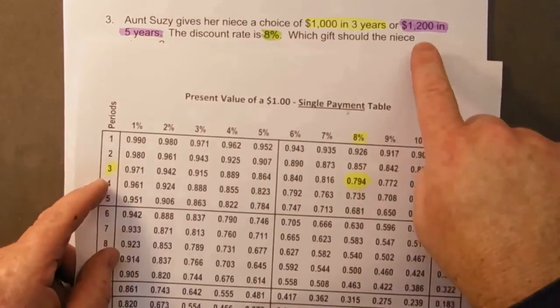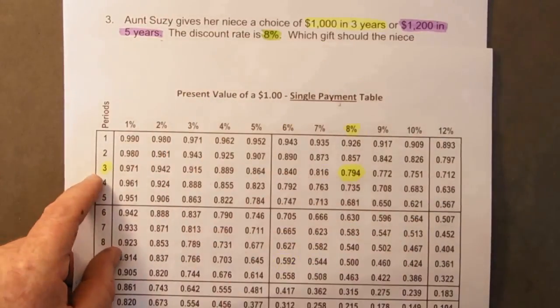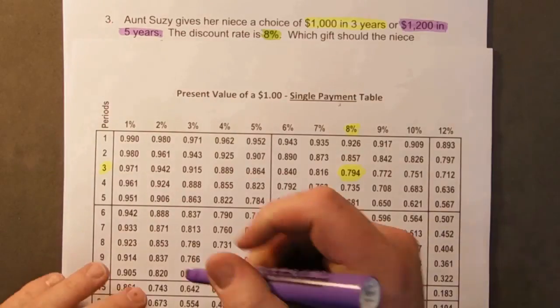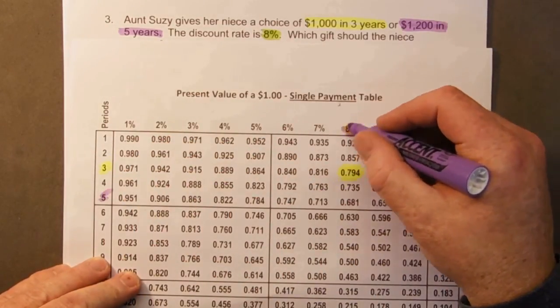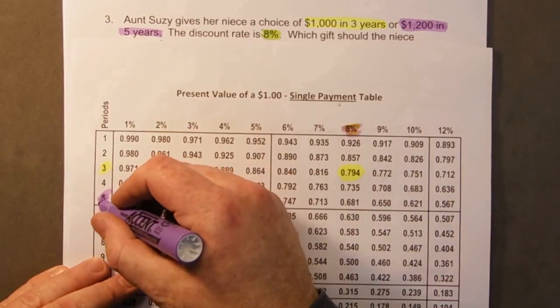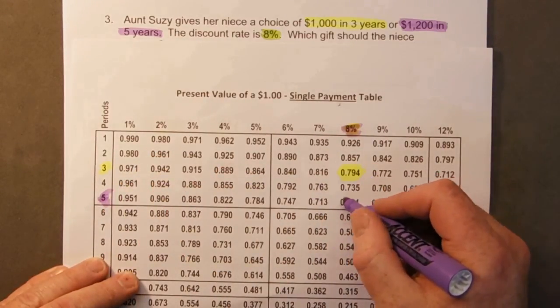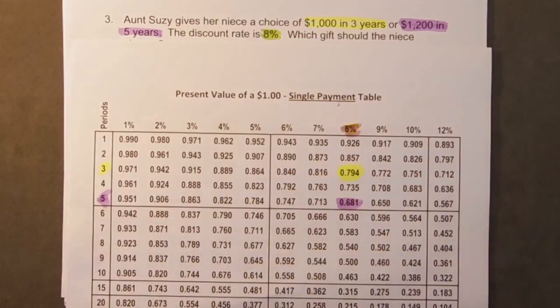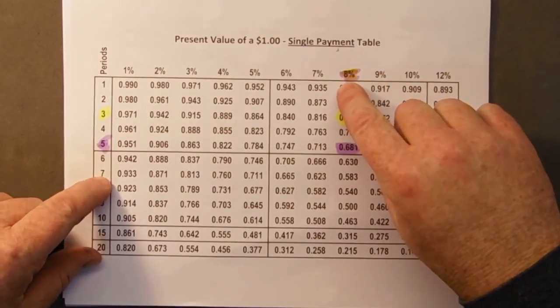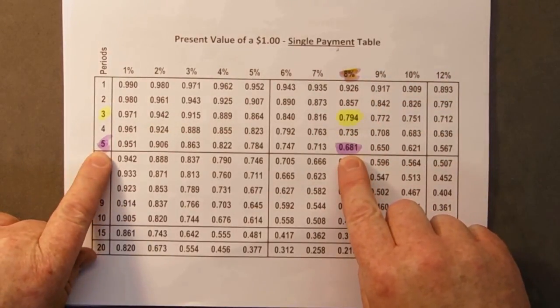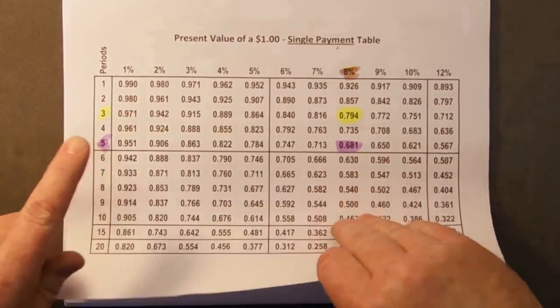We have $1,200 in 5 years. Okay, well, so for periods, we're going to have to wait till 5 years. It's still going to be at 8%. So we're going to take 0.681. So those dollars are really only worth around 68 cents 5 years from now.